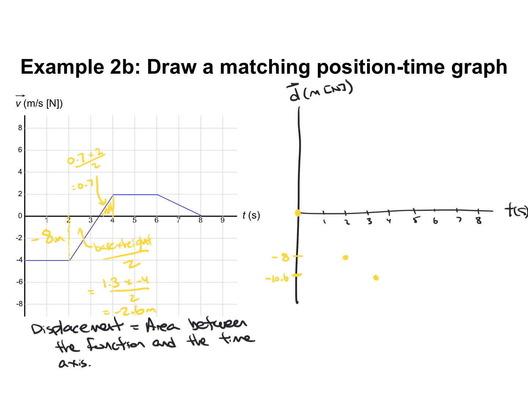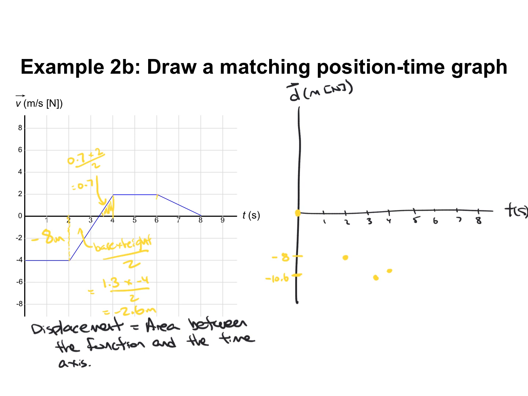So this goes up by 0.7. At the 4-second mark, I'm just going to go up by 0.7. That's not that much, so just a little bit there.